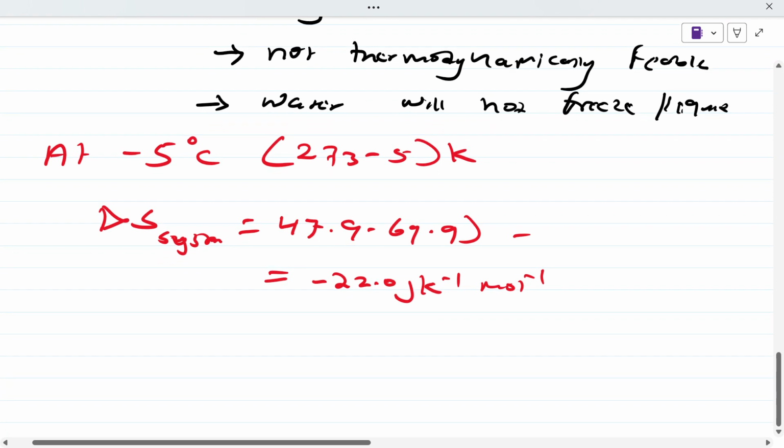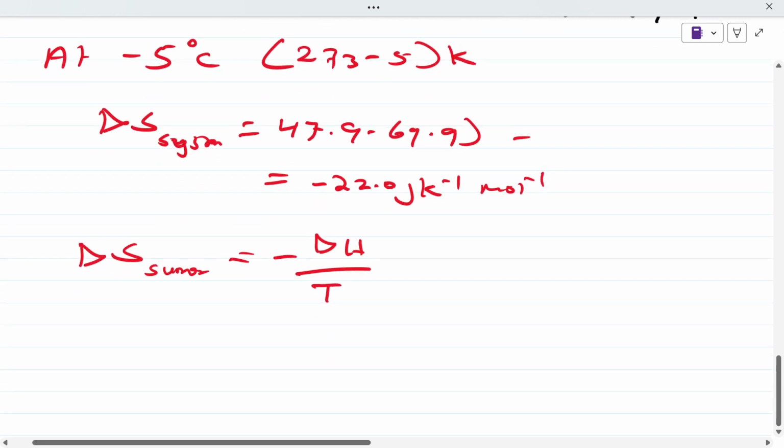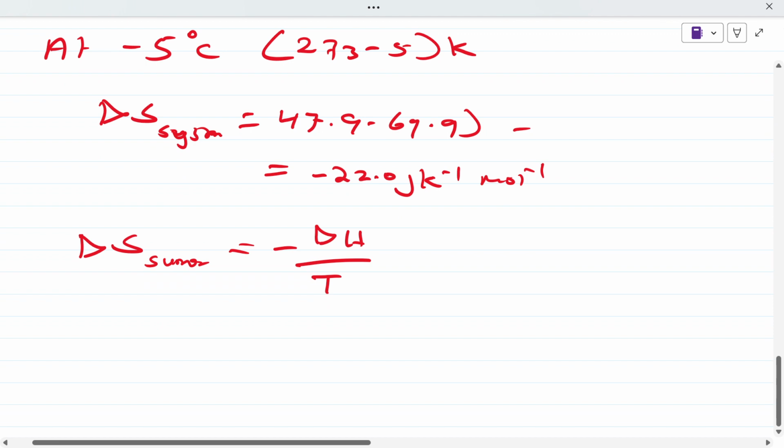But delta S for the surroundings is going to be negative delta H over temperature. What are we going to have? I'm going to have negative of negative 6010 over 268.